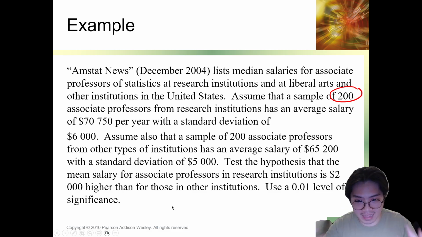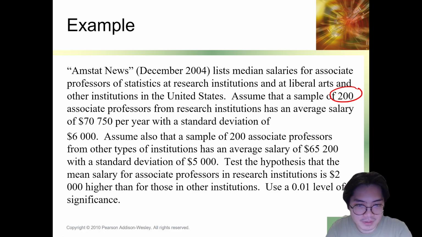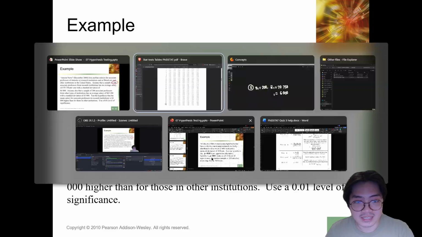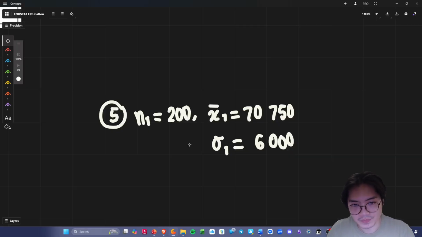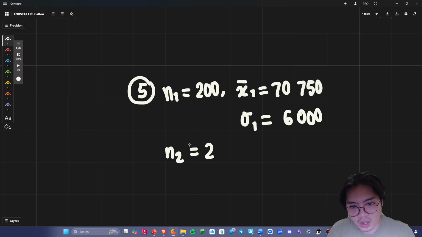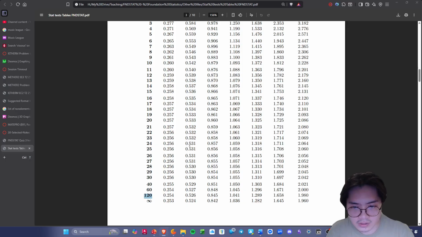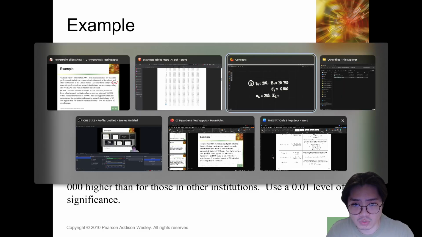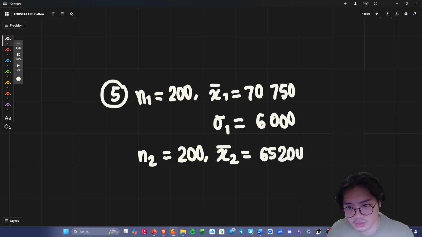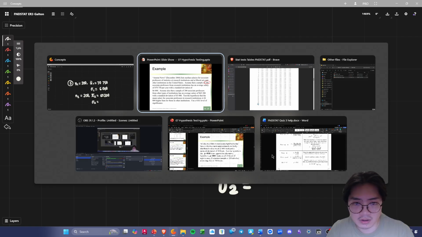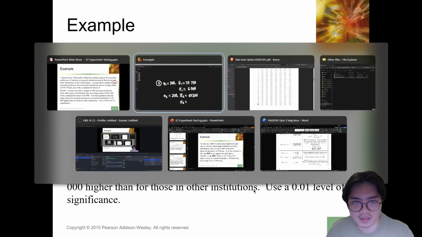So it appears that right now we know, quote unquote, enough to say that this is representative of the population. The sample is big, so we can say, all right, this is our population standard deviation. On the other hand, for the sample of 200, this is going to be 5,000, with a population standard deviation of 5,000.